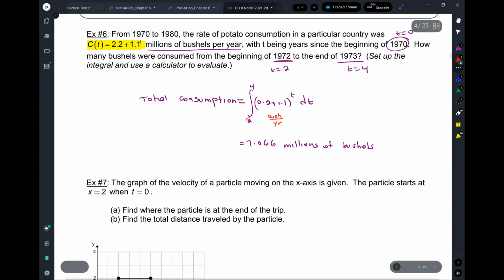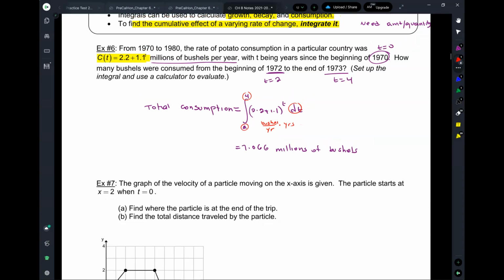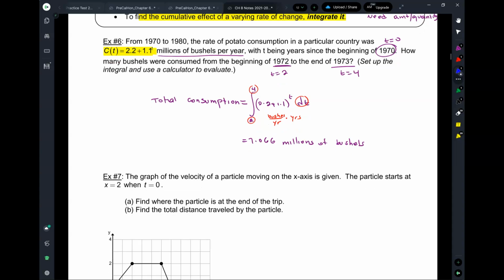And then this and this and this are in years. Remember all those three come together, they're a unit. So bushels per year times years does give you bushels. So again, what did we do in this problem? We were given a rate and we needed to find the amount consumed.